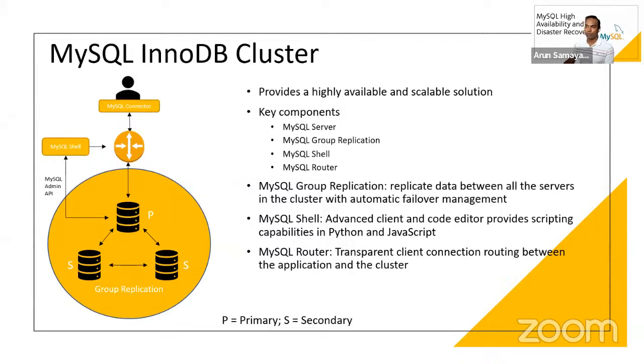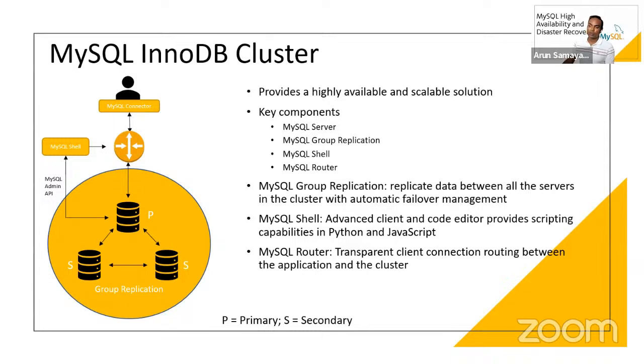And then we have this router. Of course, we talked about the limitation of the group replication itself, wherein it does not have automatic router capabilities. That's where the MySQL Router will come into the mix to provide a transparent client connection routing between the application and the cluster.